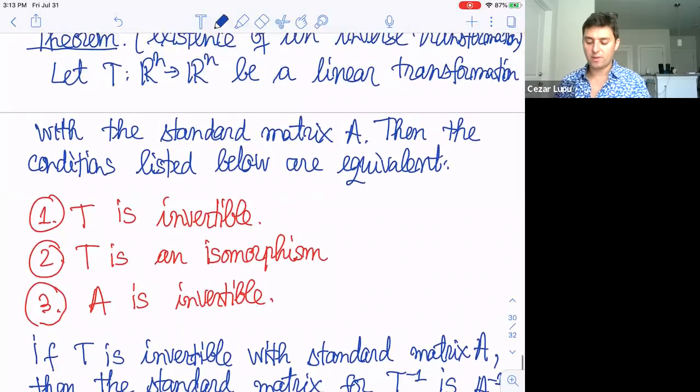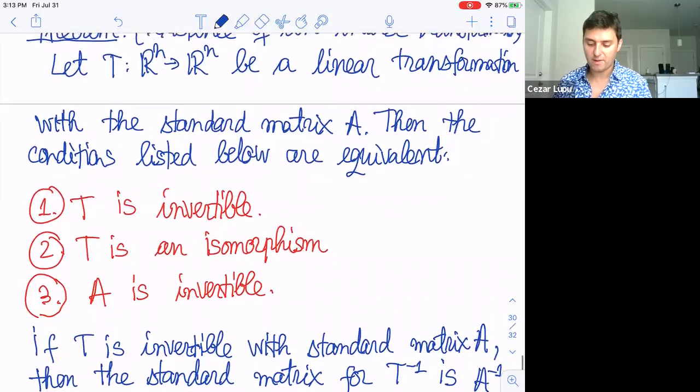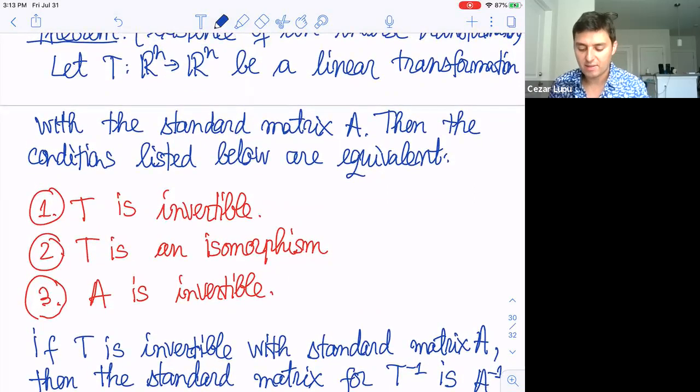So I want you to look at the theorem, look at what it says. It's quite clear. Basically, it says that T is invertible if and only if it's an isomorphism.